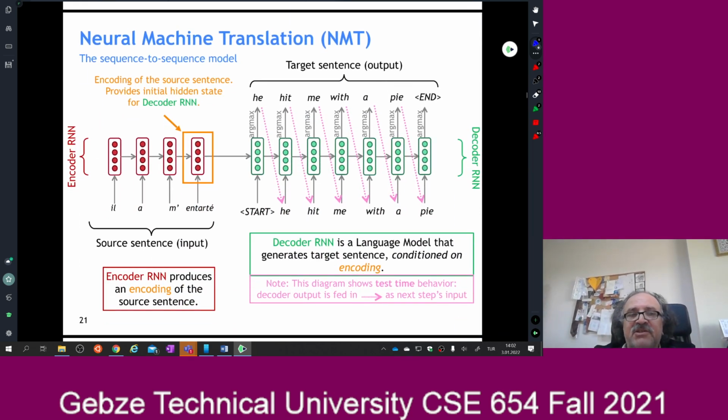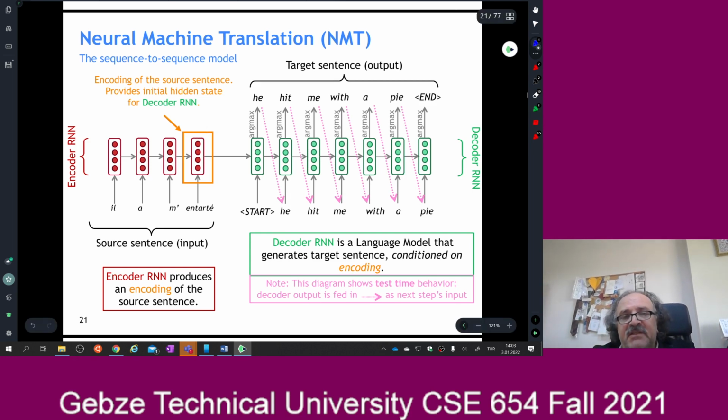In neural machine translation, there is an encoder network. We give the source input, the French input, 1, 2, 3, 4 words, to this encoder network. The encoder network takes this in, and it doesn't produce any output.